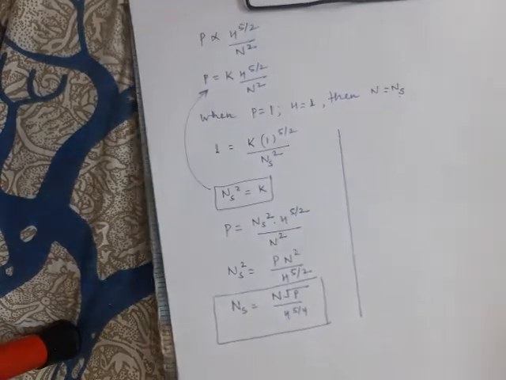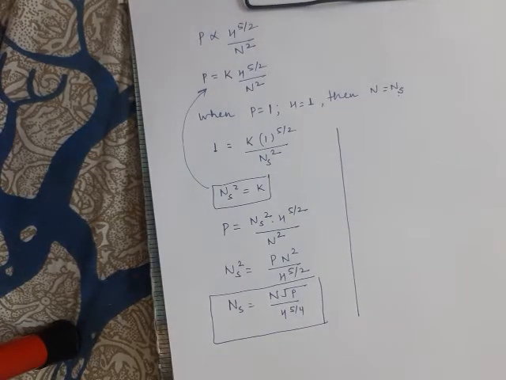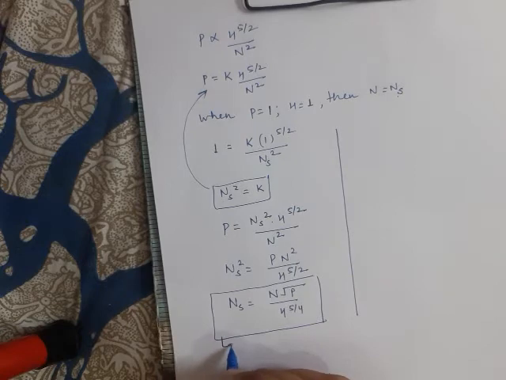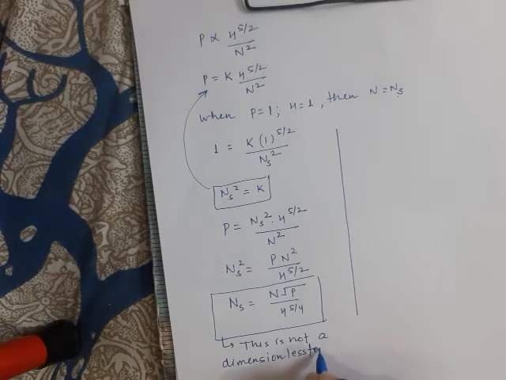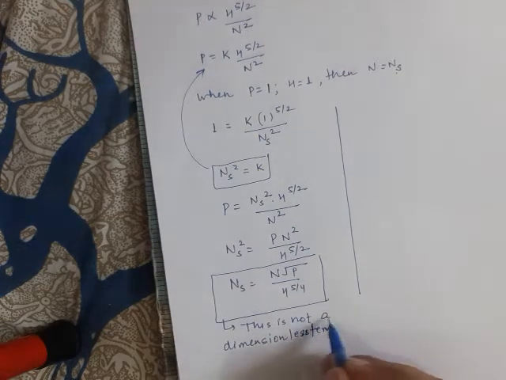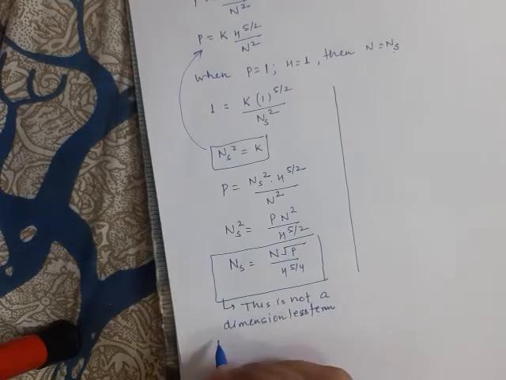Now observe two or three important points. First of all, this is not a dimensionless term. Some of the authors may confuse you that this is a dimensionless term. Please, this is not a dimensionless term. Rather, it has dimension.